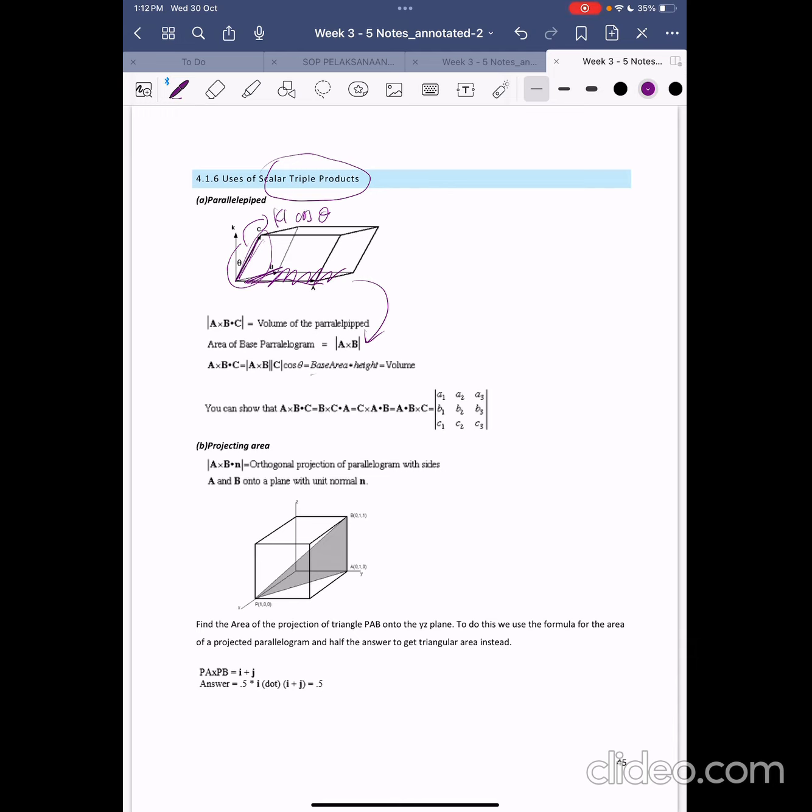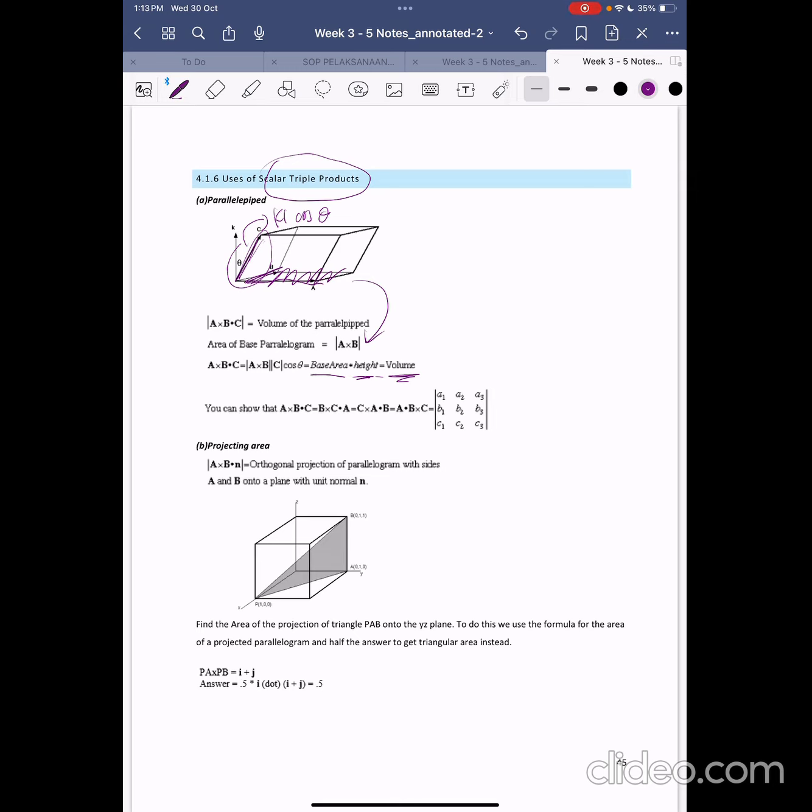This means the base area times the height gives you the volume of the parallelepiped.